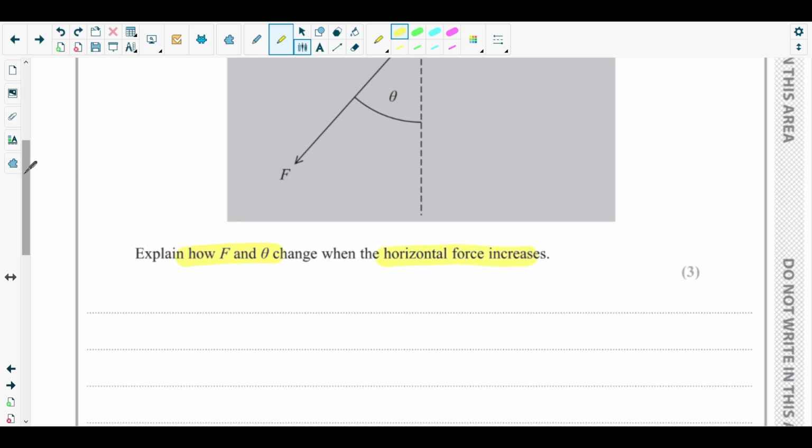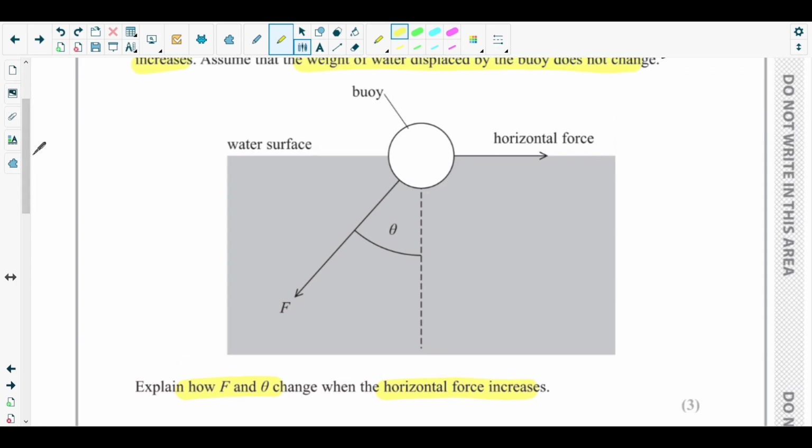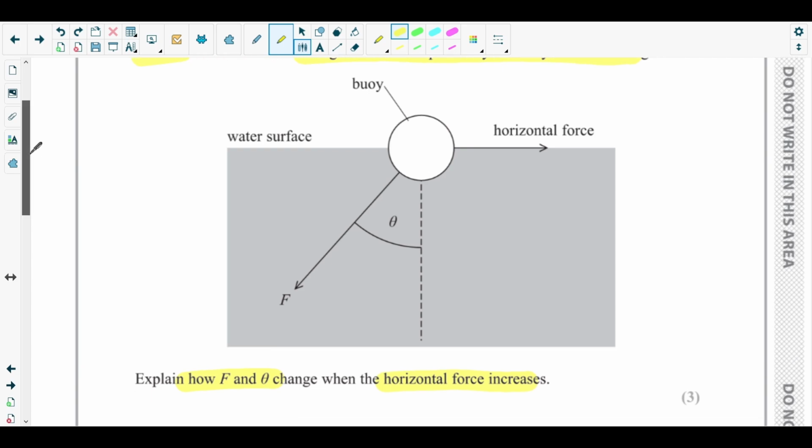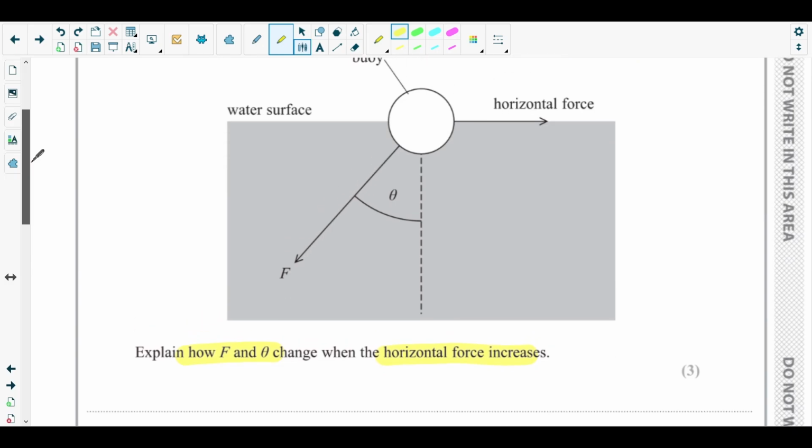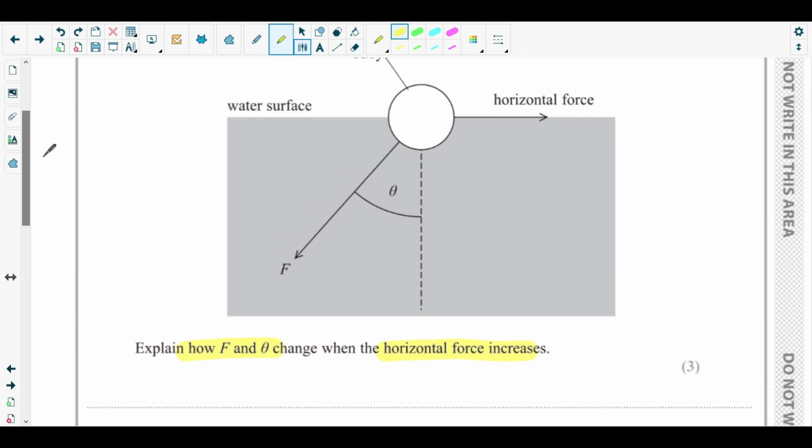If the horizontal force increases, how will it affect the force F, that is the force from the chain, and theta, the angle between the force F and the particle?